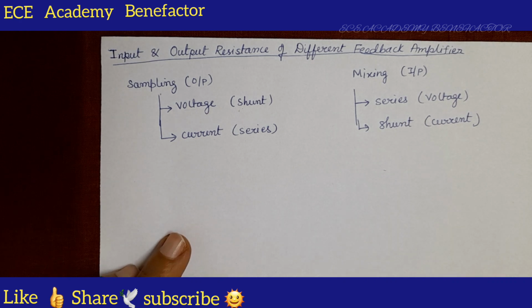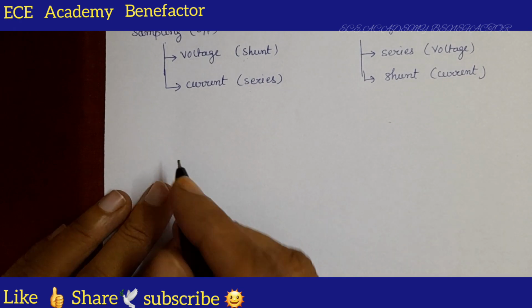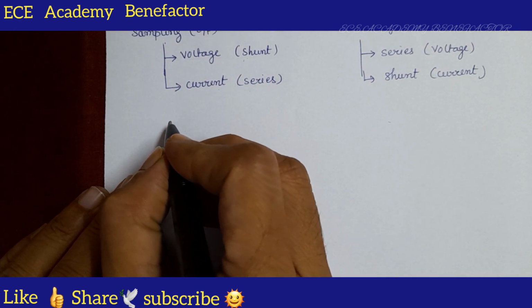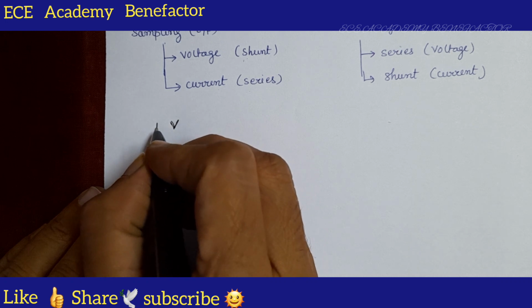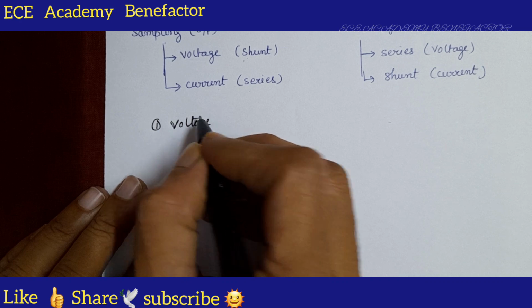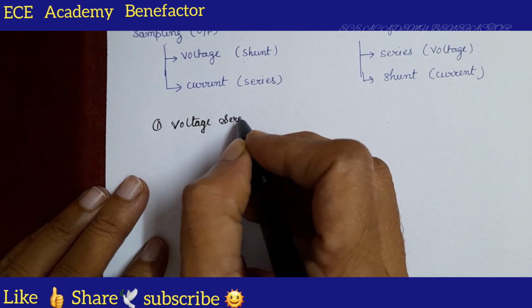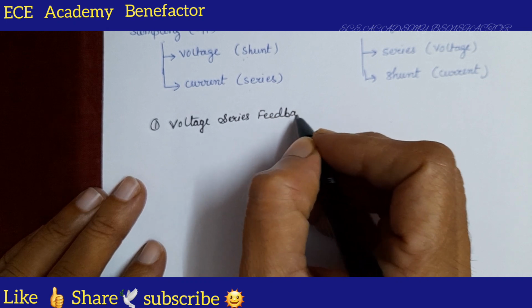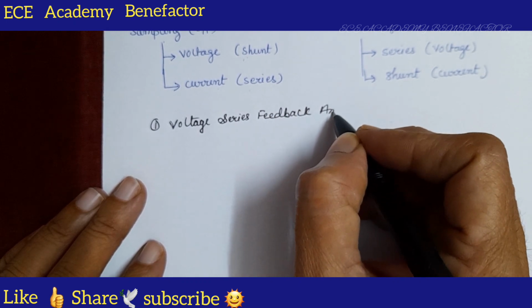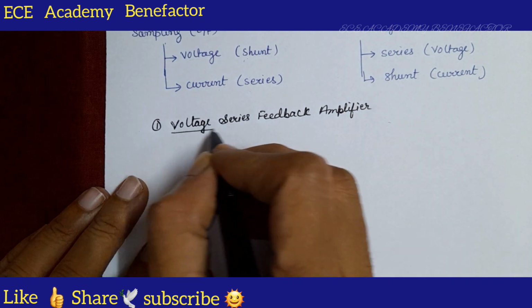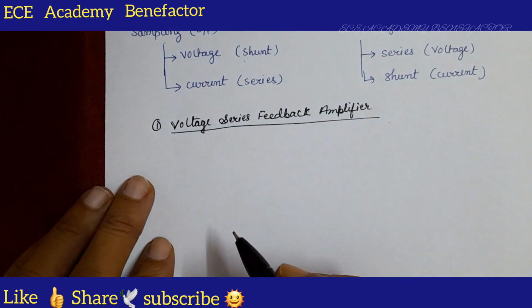Okay, so let us see what is the input resistance and output resistance of voltage series amplifier. The first feedback amplifier is voltage series feedback amplifier. So what will be its input and output resistances? How to know that?